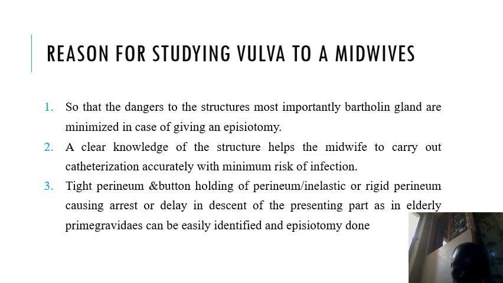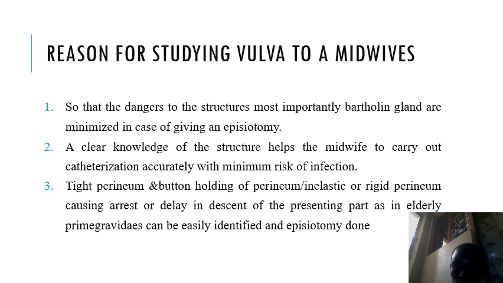So why is it that as a midwife, understanding the anatomy of the female external genitalia is important to you? One, knowledge of the female external genitalia can help the midwife to perform an episiotomy without causing damage to the Bartholin gland.